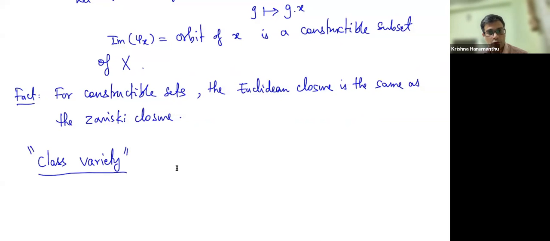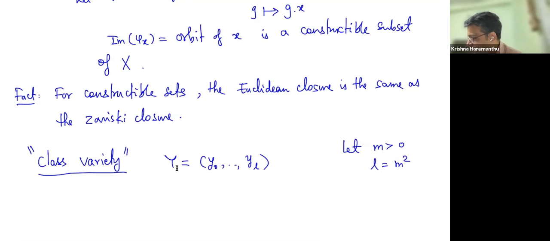So let us do the following. Let's say y is a variable vector like this. So we are going to fix m to be an integer and L is m squared. And I'm also going to fix n. I think this is the notation that I'll follow.